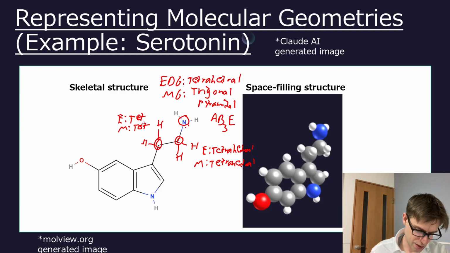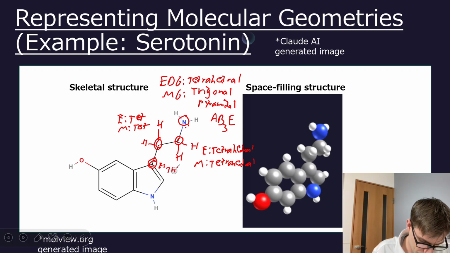What else can we look at? What about the next carbon in this chain here? This does not have any hydrogens attached, but it has a single bond going up, single bond going down left, and a double bond going down right. That's 3 domains. That means this electron domain geometry is trigonal planar.